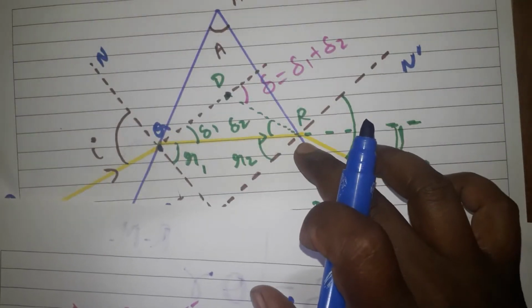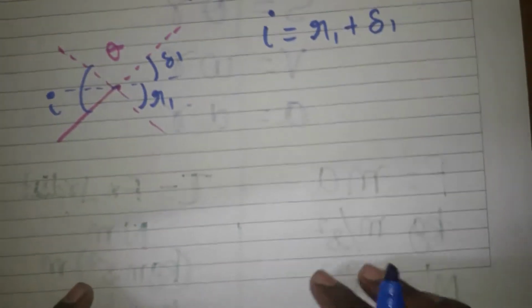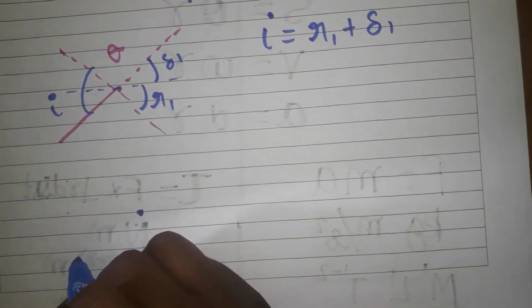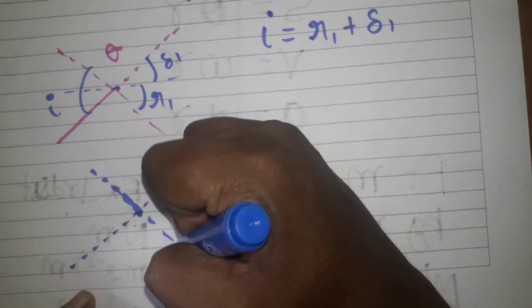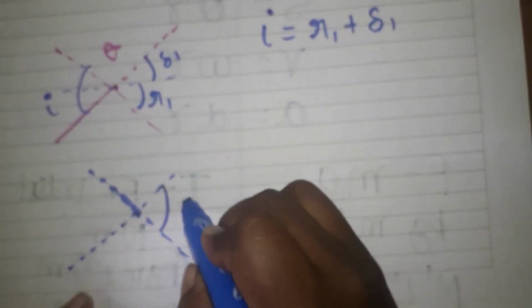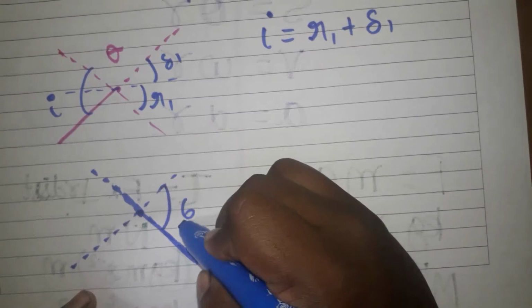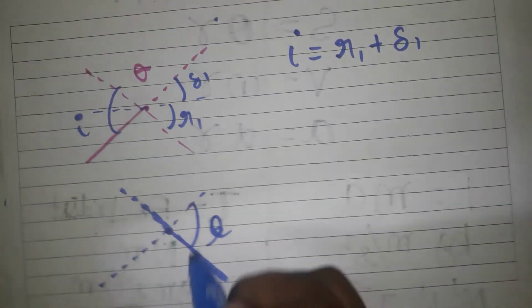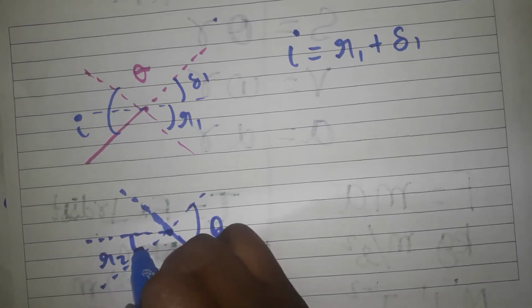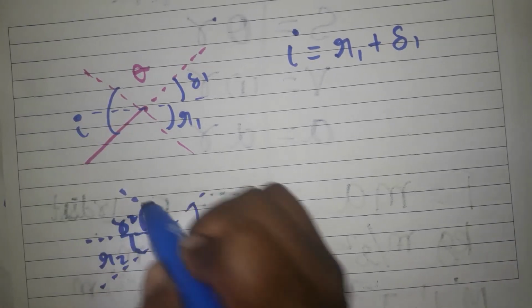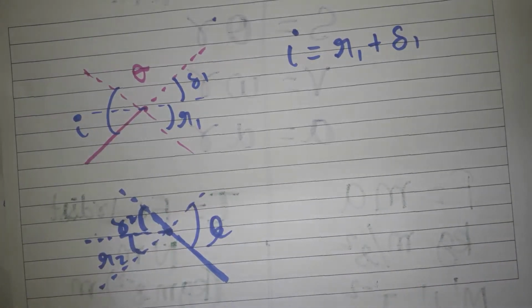Next I have taken the point R. See, at the R point also we have it like this. This we can take as the emergent angle. Now here in the center we have one line, this is going to be R2 and this is going to be deviation 2. I am deriving the equation for the prism.